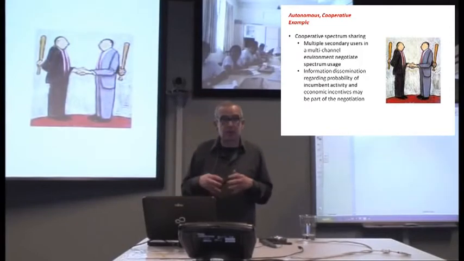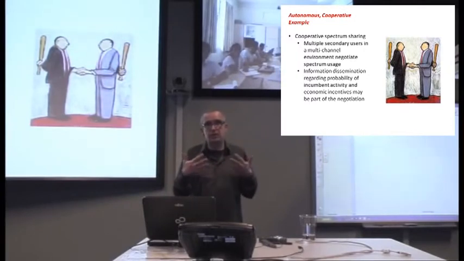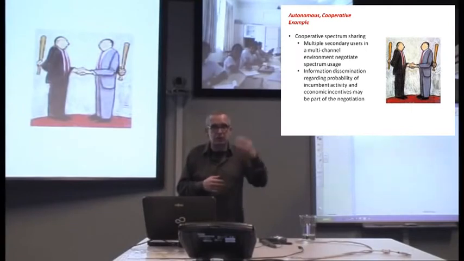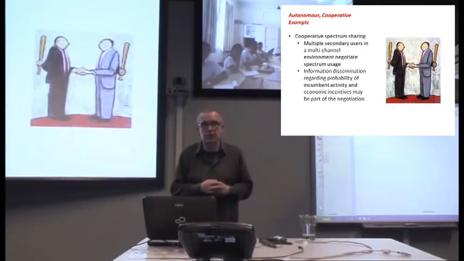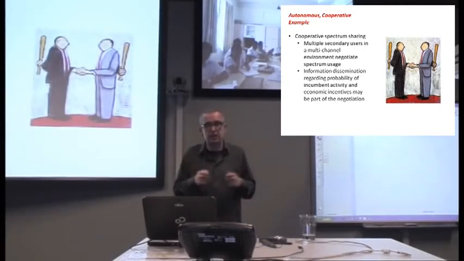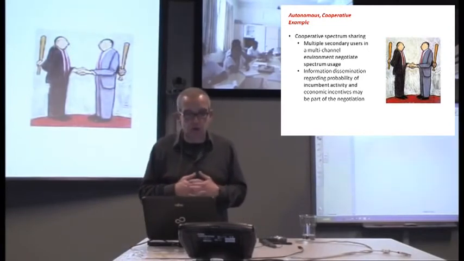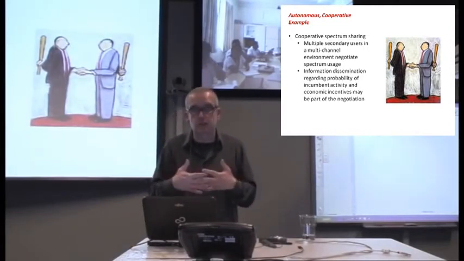There may be economic incentives for them to negotiate the use of the spectrum. It may just be agreements of, okay, based on fairness, now it's your turn, now it's my turn, that sort of thing. They may exchange information about the incumbent or the primary user, how likely it is to appear, and so on.